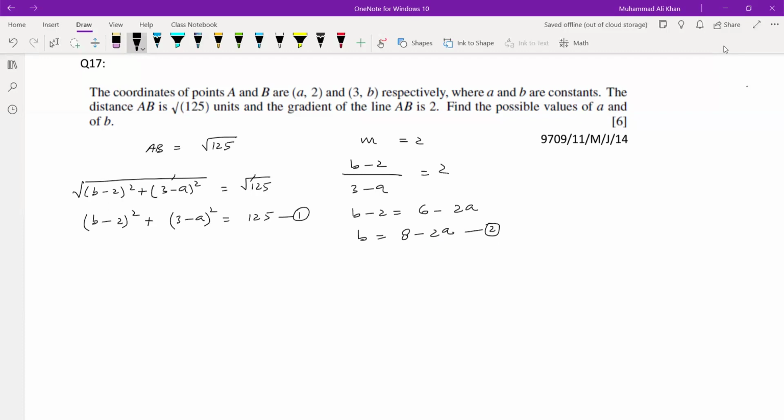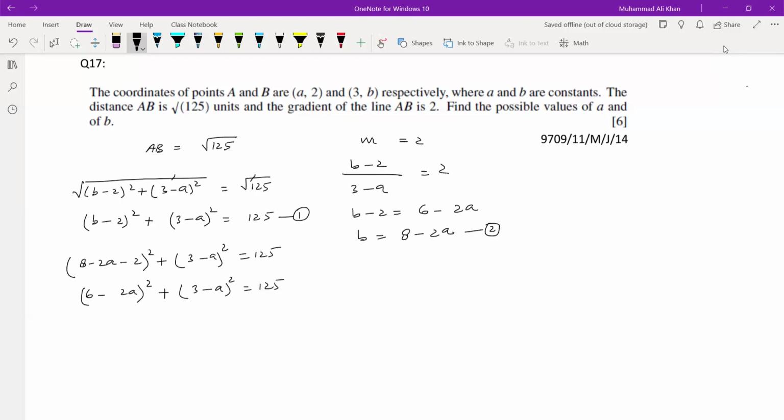So (8 minus 2a minus 2) whole square plus (3 minus a) whole square equals 125. This will be 8 minus 2 is 6, so (6 minus 2a) whole square plus (3 minus a) whole square equals 125.